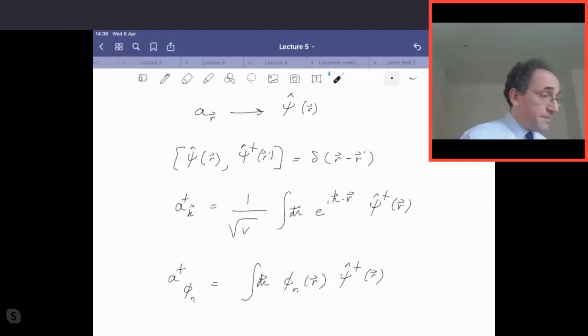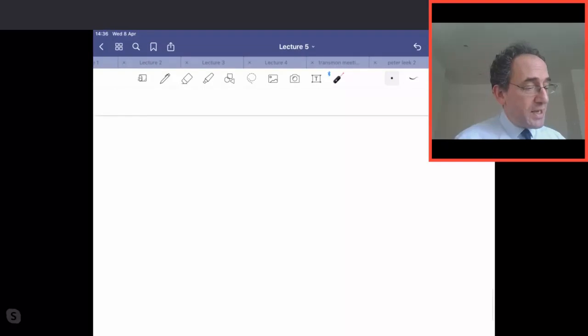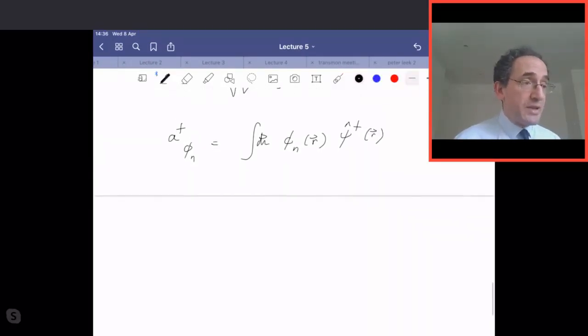Good. In reverse, I can also write my continuum operators in terms of my complete orthonormal set.